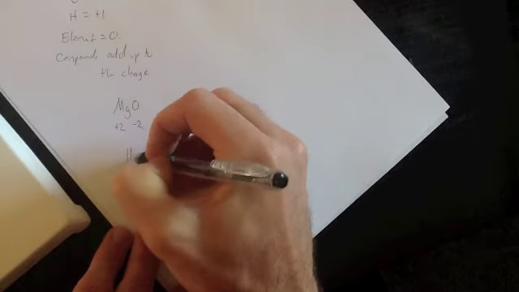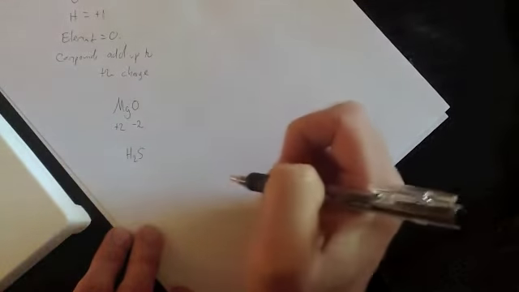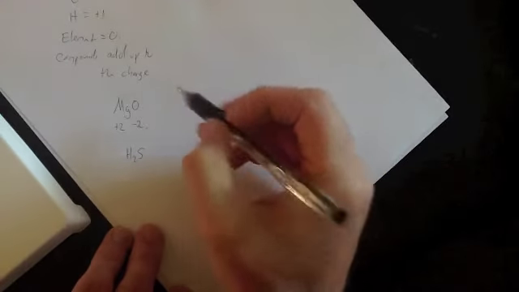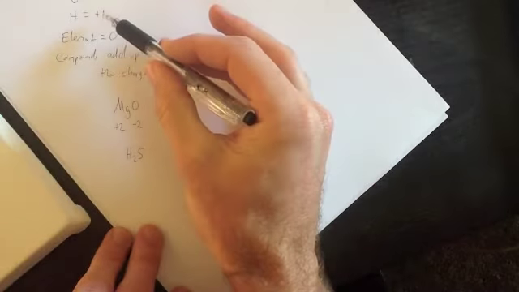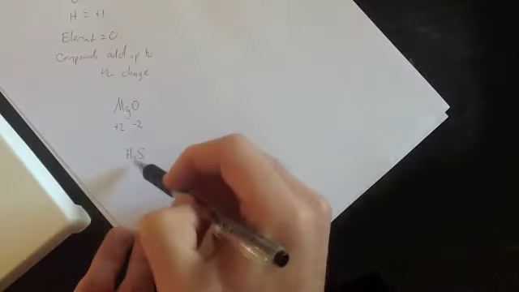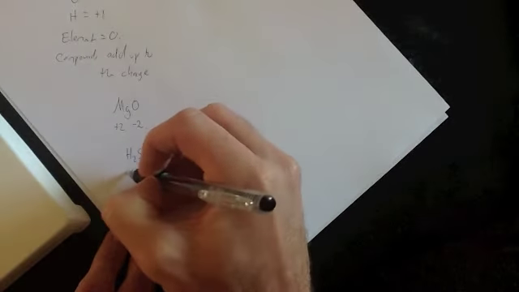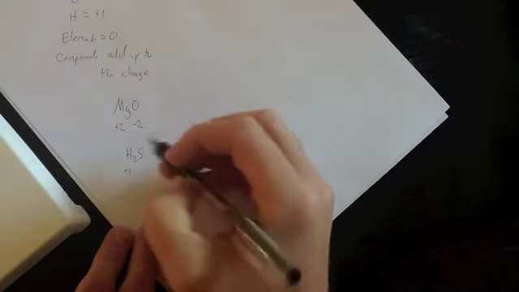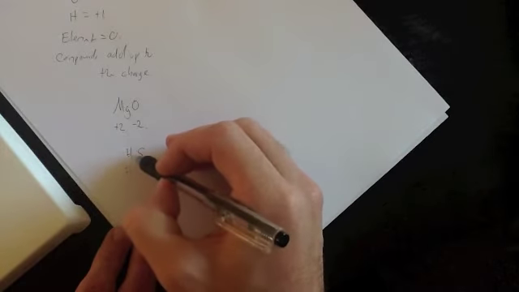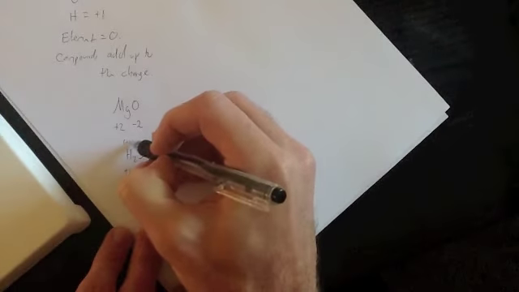If I have something like hydrogen sulfide, H2S, our rule before was hydrogen is always +1, so therefore hydrogen must be +1. Okay, we have 2 hydrogens, so overall we have +2 there.